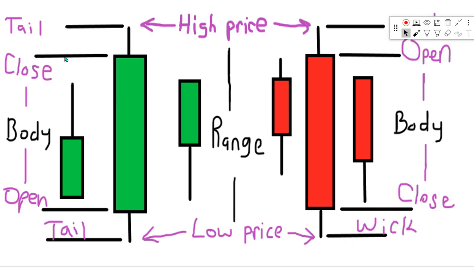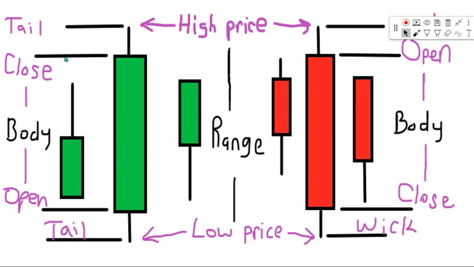This is just a quick diagram of how to read a candlestick. Basically, the entire length of the candle or the bar is the range. You'll have a high and a low price for the period being viewed, whether it's daily or whatever. The body of the candlestick will be the open and the close.